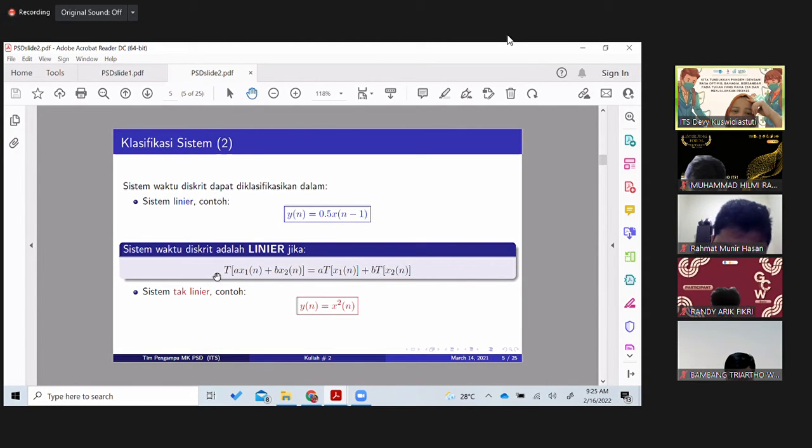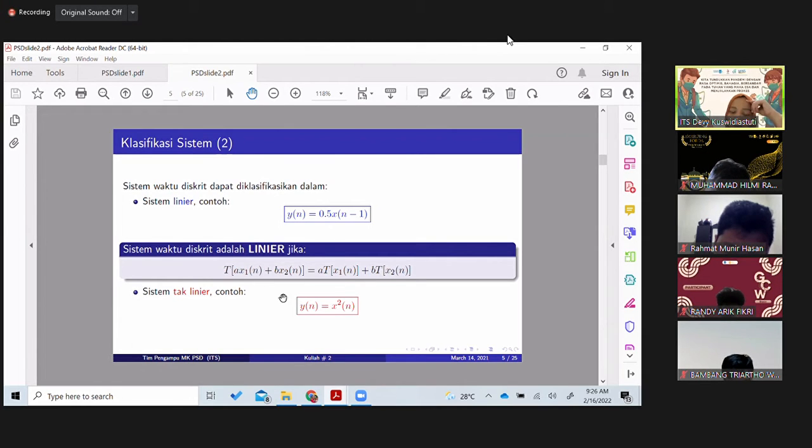So this means that if we have two discrete time signals x1n and x2n, and those signals are multiplied with a constant number A and B, and we do a transformation of these two signals added together, then the output of this transformation must be equal to the transformation of each of the signals individually, then multiplied by its constant A and B.